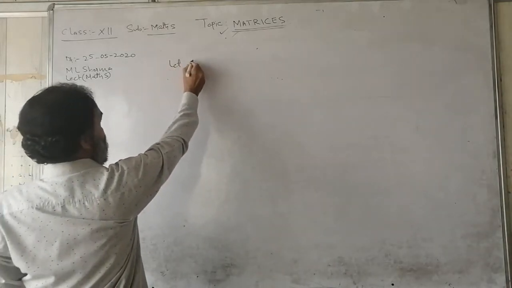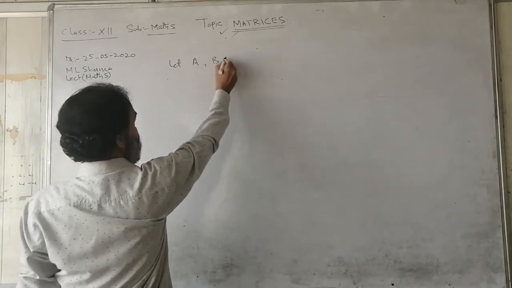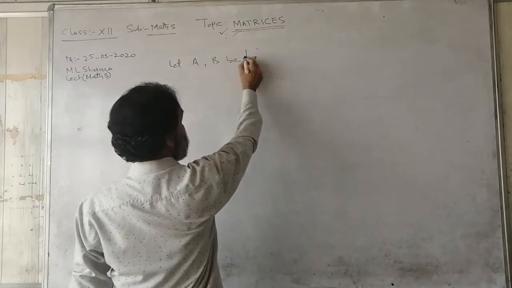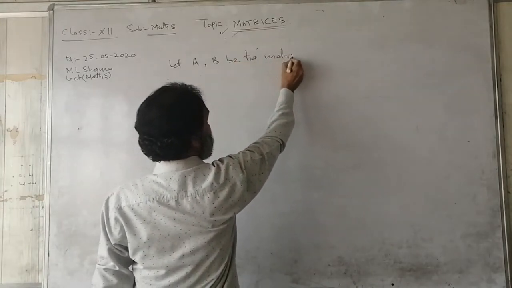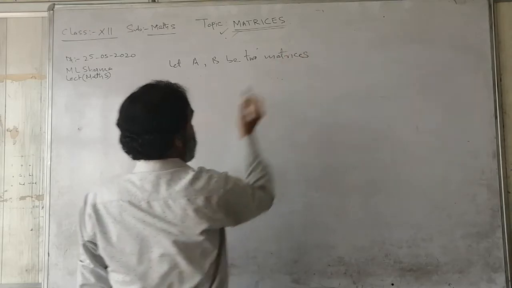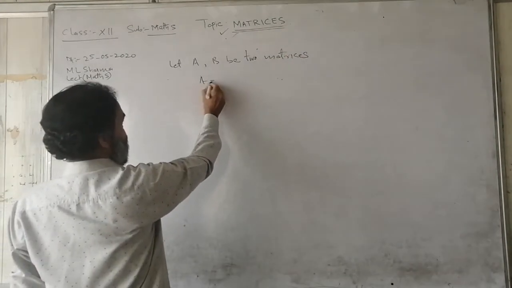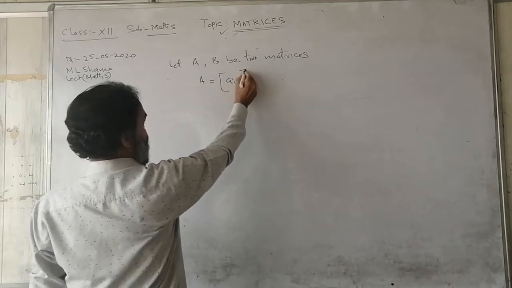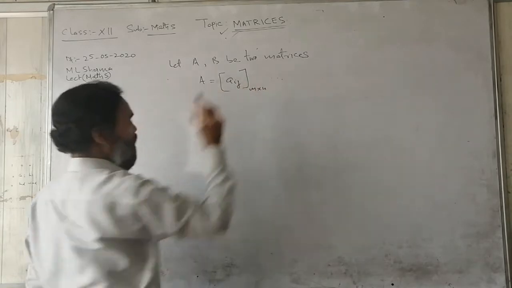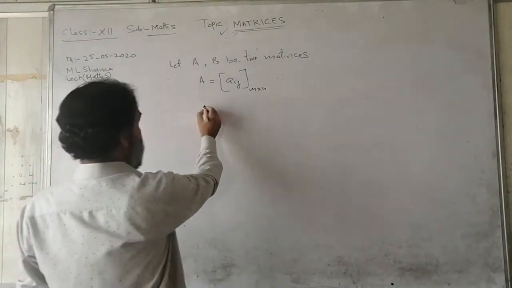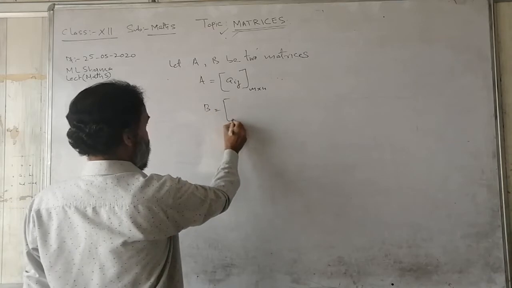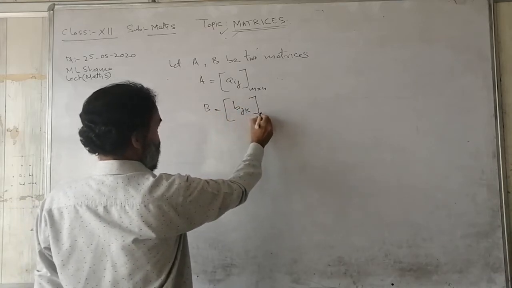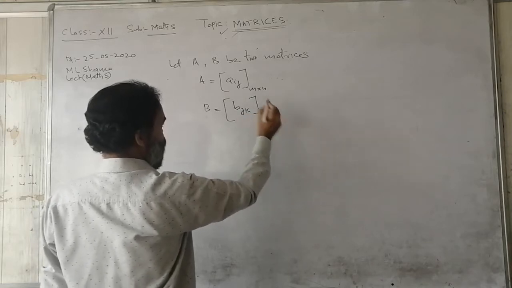let A, B be two matrices. A is a matrix of order m into n and B is a matrix whose order is n into p.